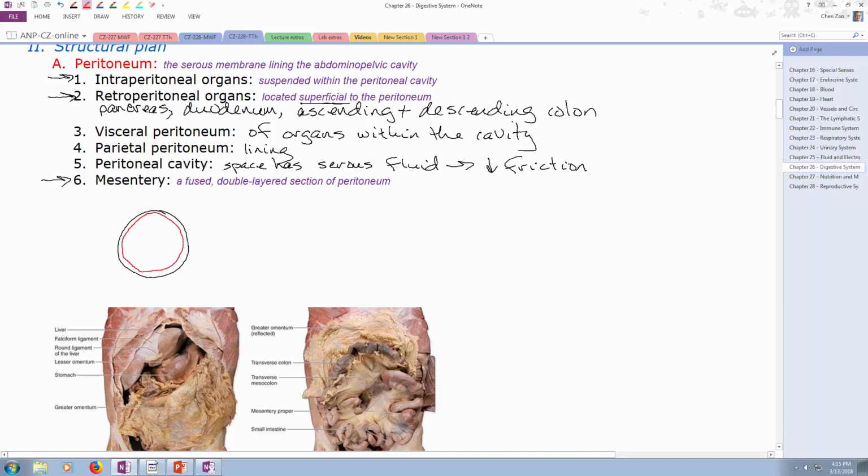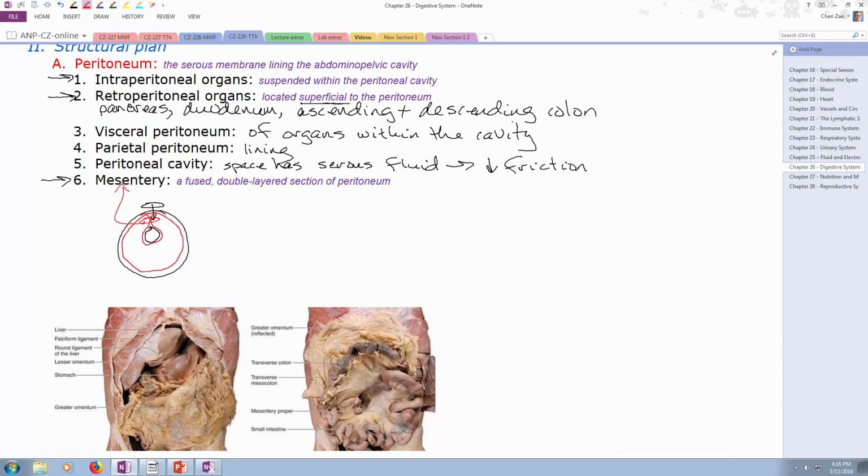Now let's realize that we had an organ right back there that's going to fall into our peritoneal cavity, and when it falls into the peritoneal cavity, so here's our organ now, it is going to be covered with a visceral peritoneum, correct? And so the mesentery is that structure that is keeping it suspended within that peritoneal cavity. So that's actually what mesentery is.